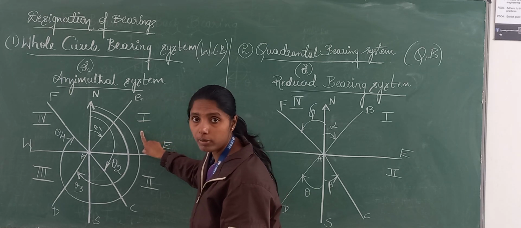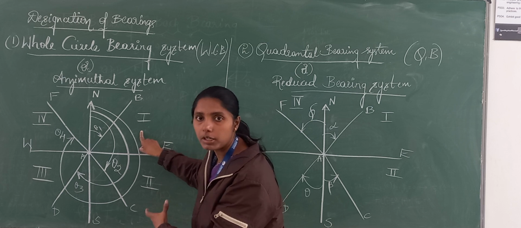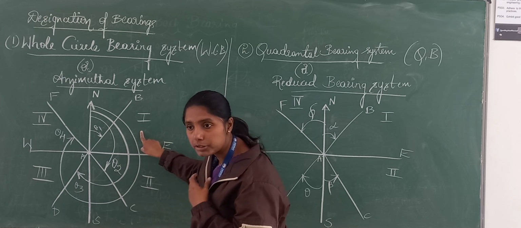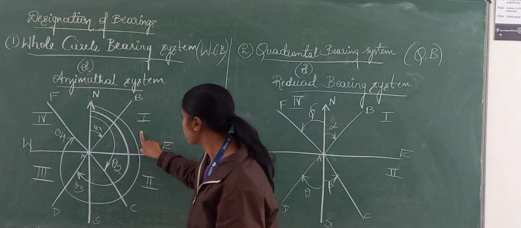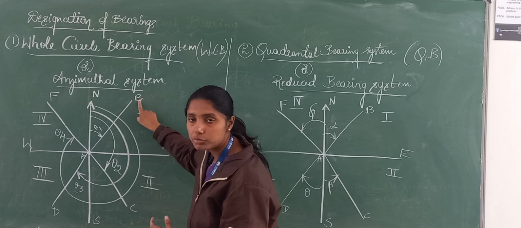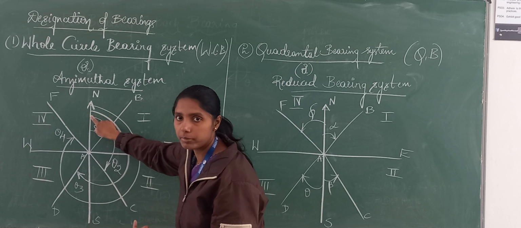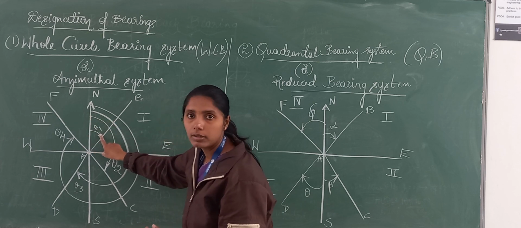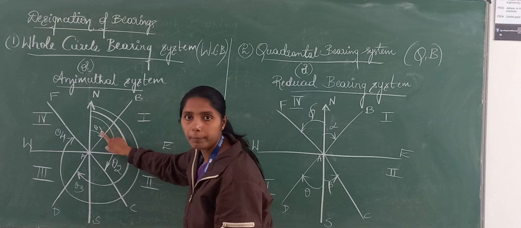As I told you before, in order to measure the bearing of a line in the whole circle bearing system, we have to start measuring from the magnetic north. So for the line AB, the bearing is measured from the north, that is theta 1. So the bearing of the line AB is theta 1.